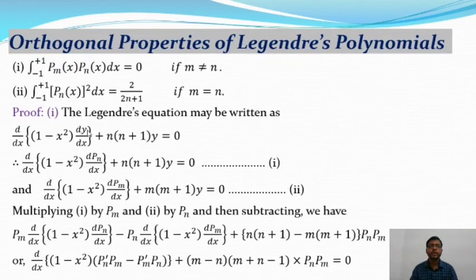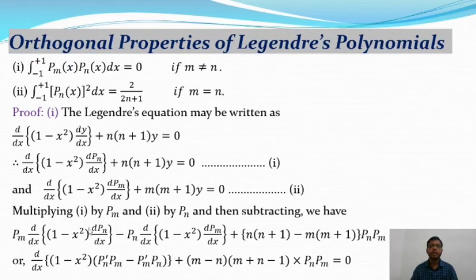First of all, we take y equal to Pn, then the equation becomes d/dx of (1 - x²) dPn/dx plus n(n+1)Pn equals 0, equation 1. And if we put y equal to Pm, we get d/dx of (1 - x²) dPm/dx plus m(m+1)Pm equals 0, equation number 2.